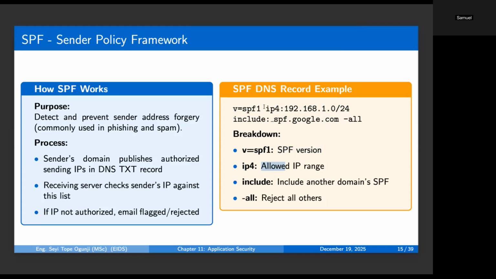Then include means include another domain's SPF. Then all means reject all others. So that's the rule.